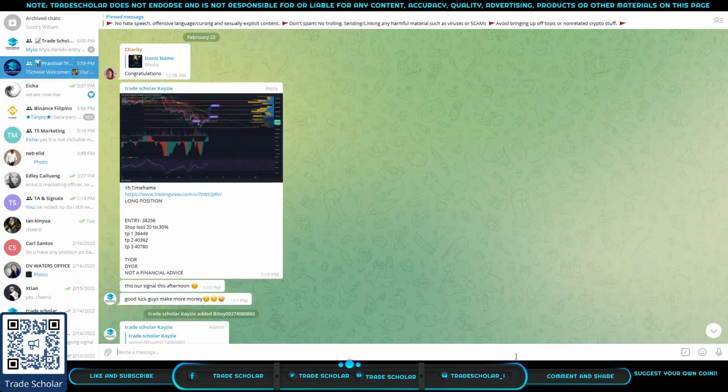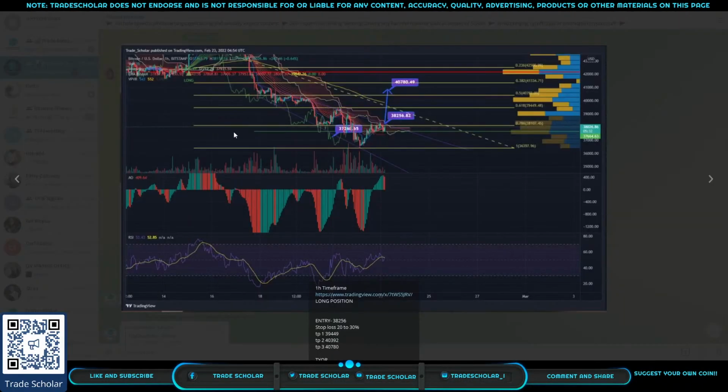I gave the signal here. It was sent at 1 p.m. Let me show you the picture when I gave the signal. The price was still going to the upside, still about to break, not yet. So I gave the signal on the breakout itself.